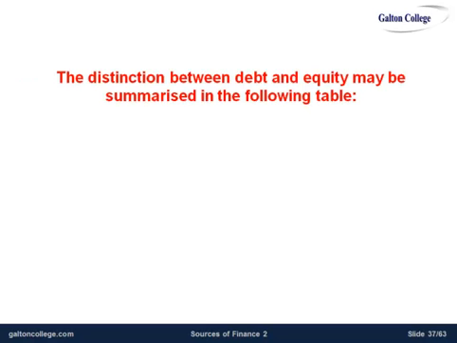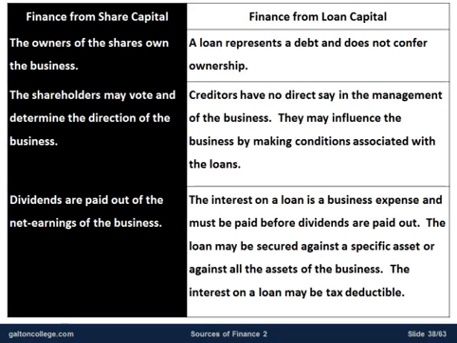Now, let's look at a table that contrasts debt and equity a bit more clearly. Right, down the left-hand side here, we have finance from share capital. It's the black box with the white writing. Now, the owners of the shares own the business, and the shareholders may vote and determine the direction of the business.